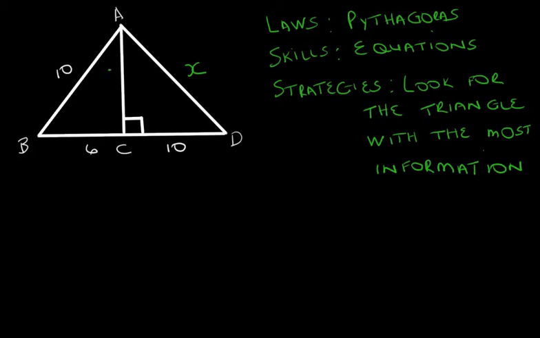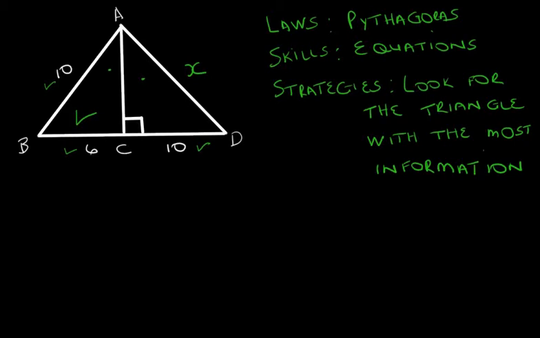What do I mean by the most information? I mean the most given sides. So we've got 2 given sides here, but we only have one given side here. So that tells us that we are going to solve for triangle ABC first.